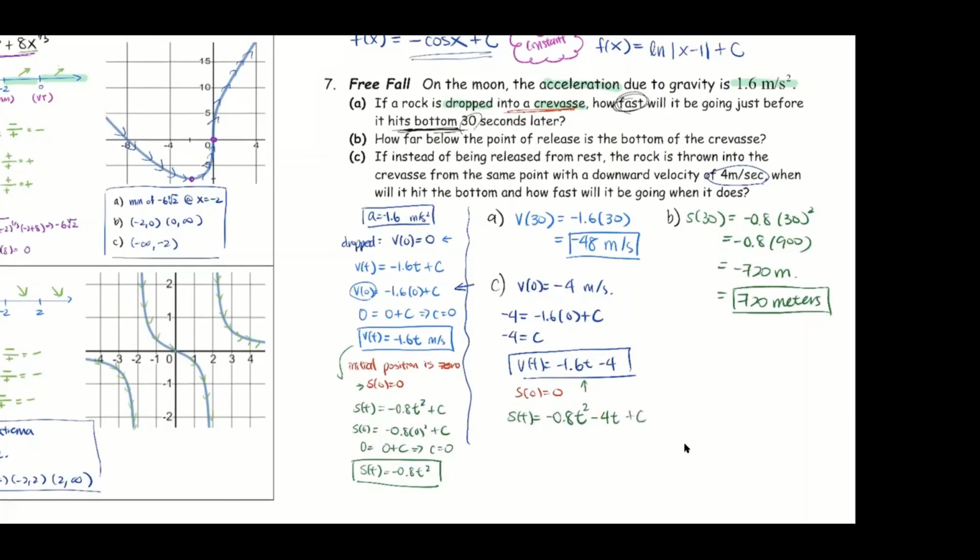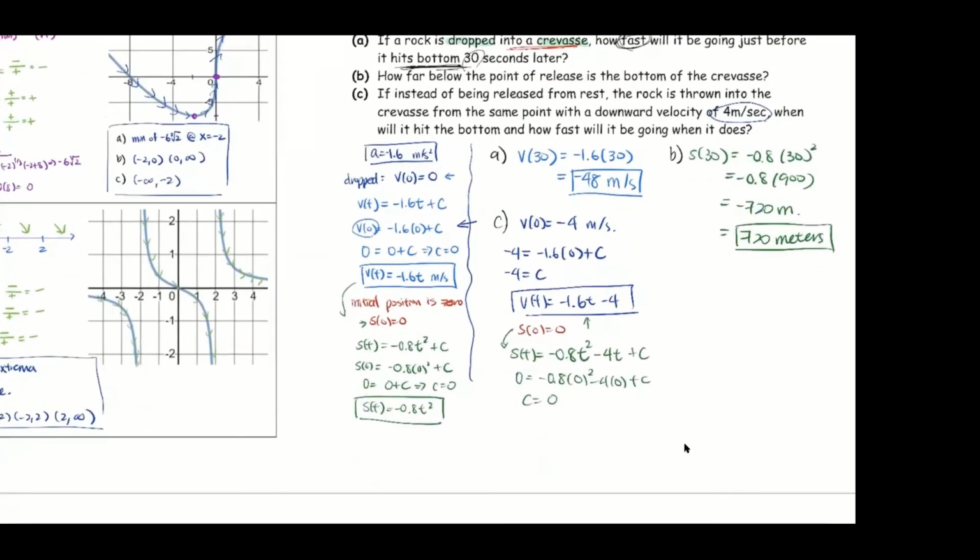And then don't forget your c. So I'm plugging in S of 0, so I get 0 equals negative 0.8 times 0 squared minus 4 times 0 plus c. So c equals 0, which is great. But in this case, S of t is now negative 0.8t squared minus 4t to be my function. Okay. All right. So now let's see what it says.